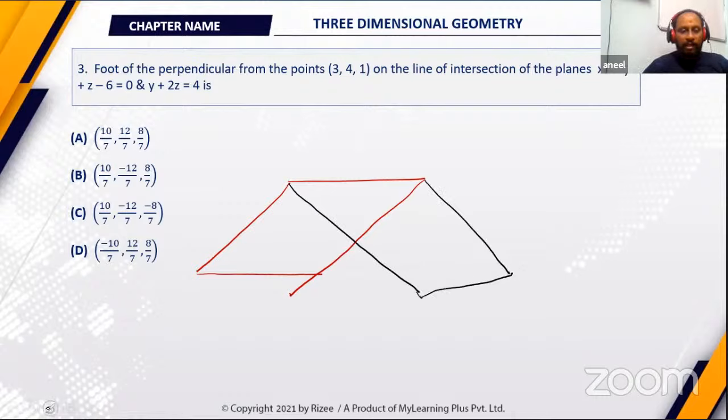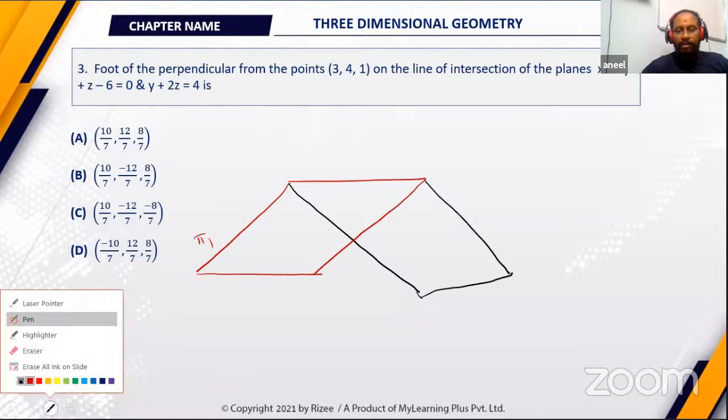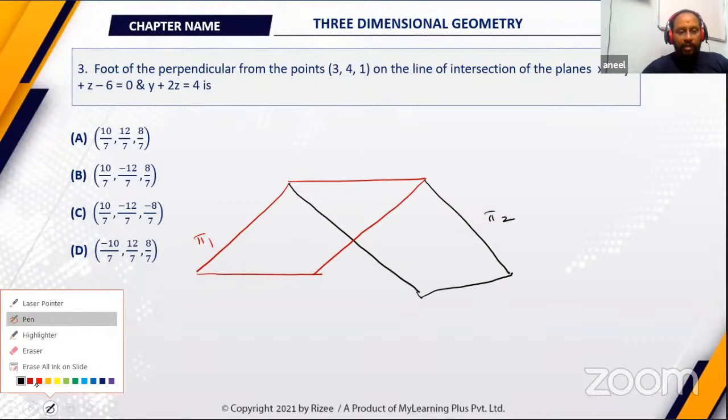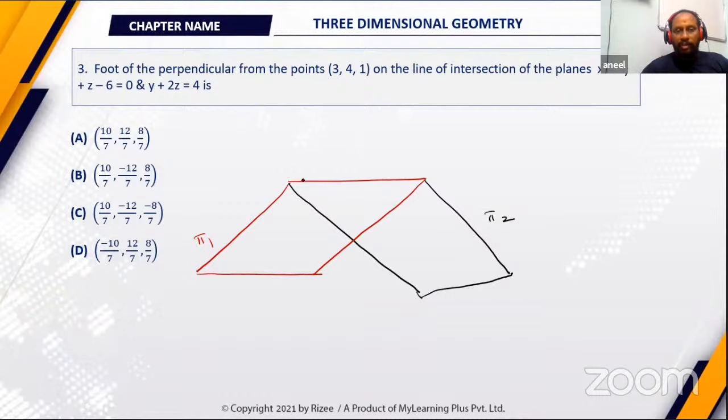These are the two planes. Say this is plane phi1 and this is phi2. Now this is supposed to be the line of intersection. Let me show that in a different color.